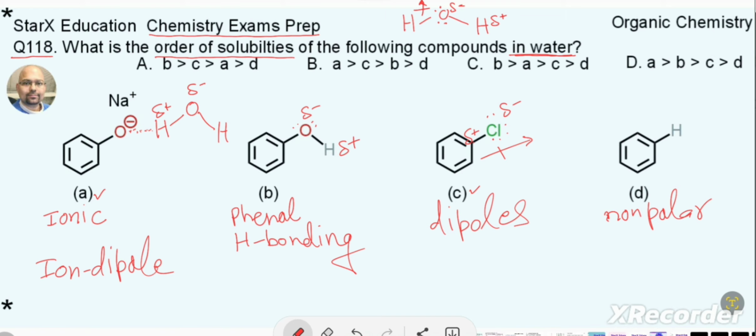Now second, phenol has an OH functional group, and this OH bond, being very polar, can hydrogen bond. So this oxygen can hydrogen bond with the hydrogen of water, and this hydrogen of phenol can hydrogen bond with the oxygen of water. So these are the interactions that would occur in case of species B.